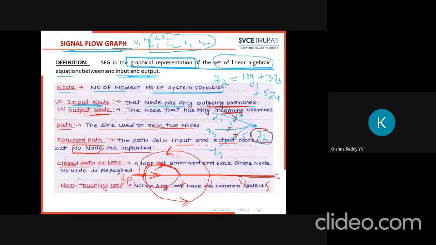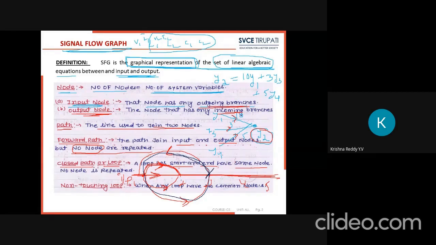What is closed path or loop? A loop has start and end at the same node. If you are taking this one, the loop starts at node 3 and having path moving like this and ends here. This is one loop, having same start node and end node.